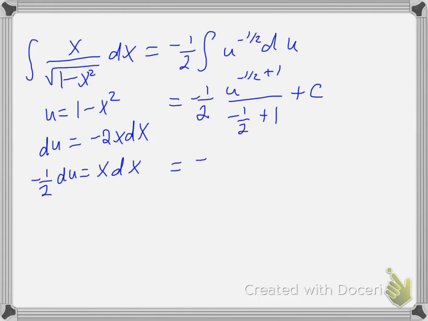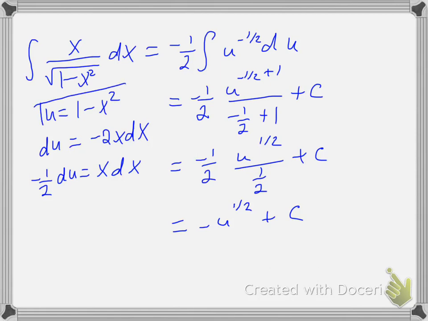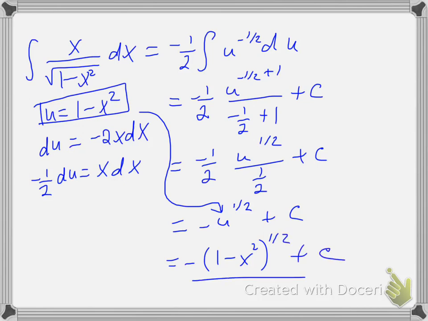This, of course, becomes negative 1 half u to the positive 1 half over positive 1 half plus c. This is the same thing as saying negative u to the half plus c. And if we substitute our original u back in, this is going to be negative (1 minus x squared) to the half plus the arbitrary constant of c.